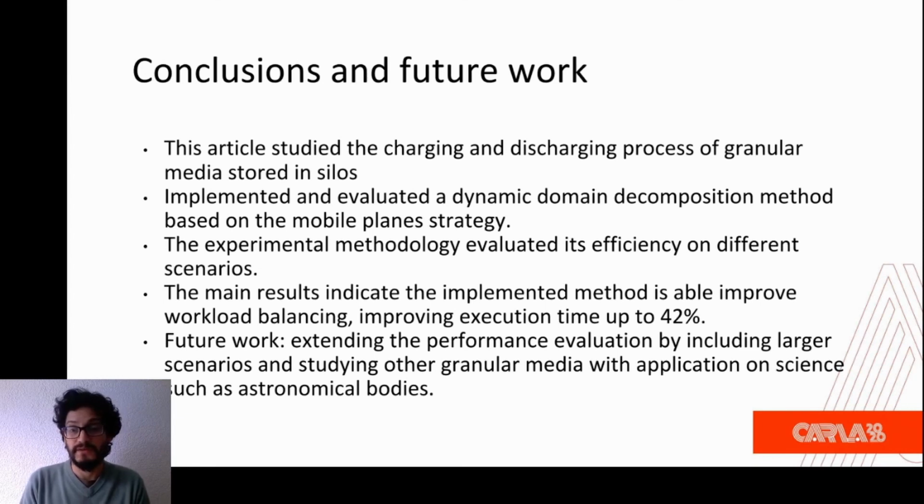Our experimental methodology evaluated the efficiency of our implementation on different scenarios, and the main results indicate that the implemented method is able to improve execution time by improving workload balancing, with up to 42% reduction in execution time.